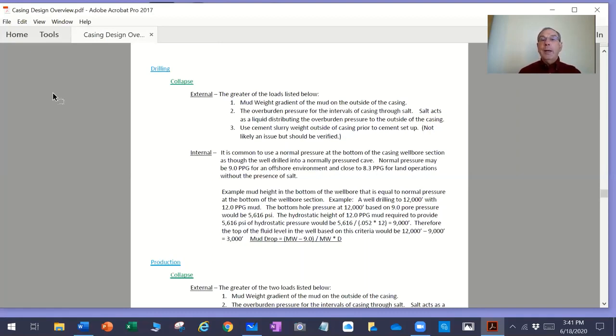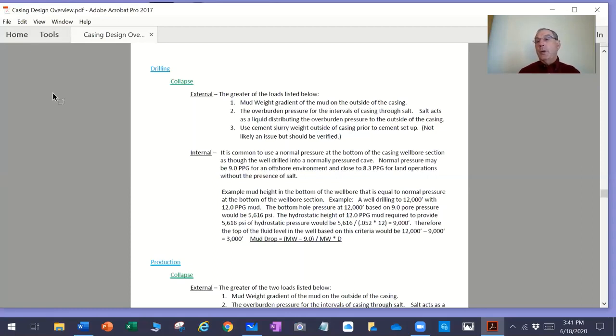And then number 3, it's hardly ever what I call a design issue, but it's something you need to check. It could be extreme conditions in the way you do a cement job. Use a cement slurry weight outside of your casing before it's set up, with whatever fluid you have on the inside.